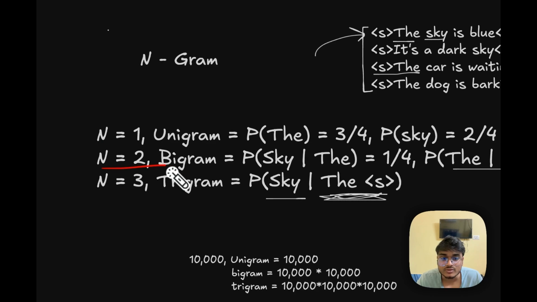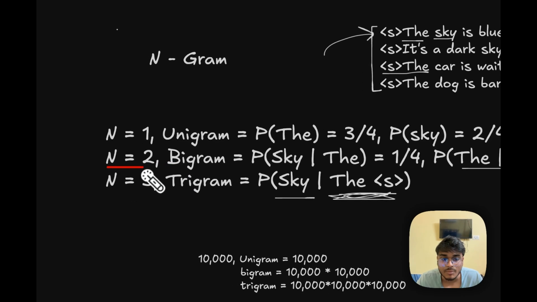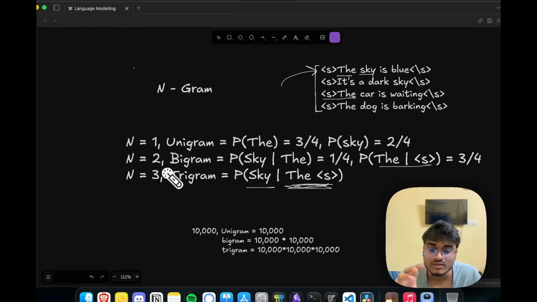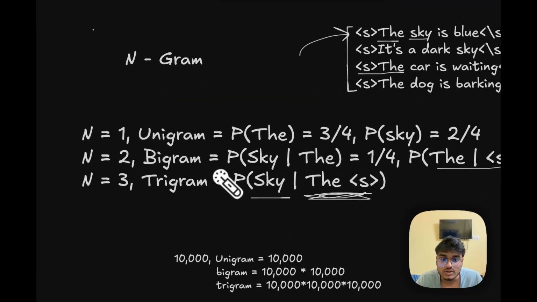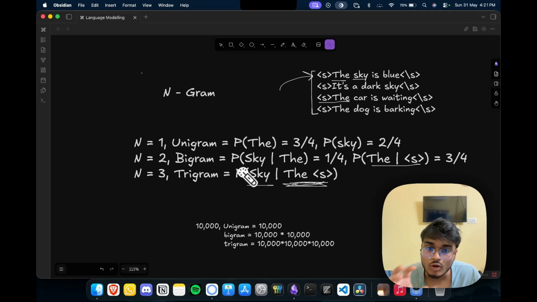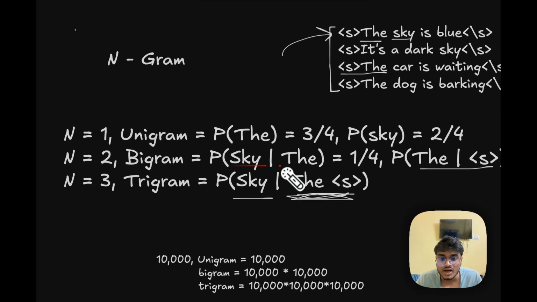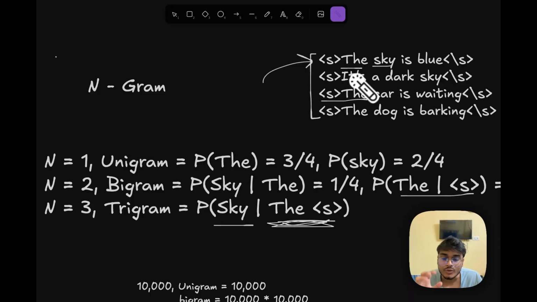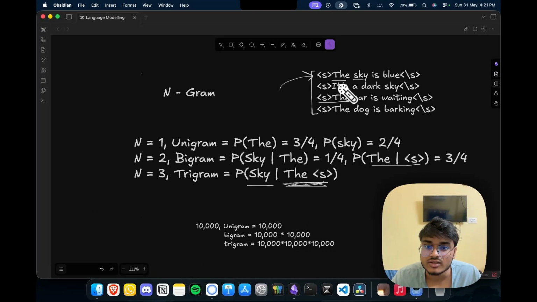Similarly, if you are calculating a bigram, where n equals 2, we are finding the probability of one word after another. So the probability of "sky" after "the": you have to see the data set, how many times "sky" is appearing after "the".